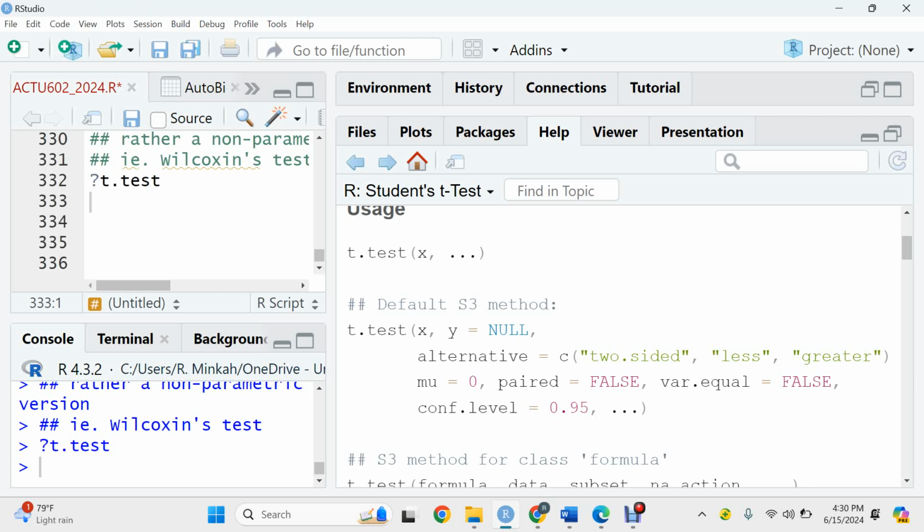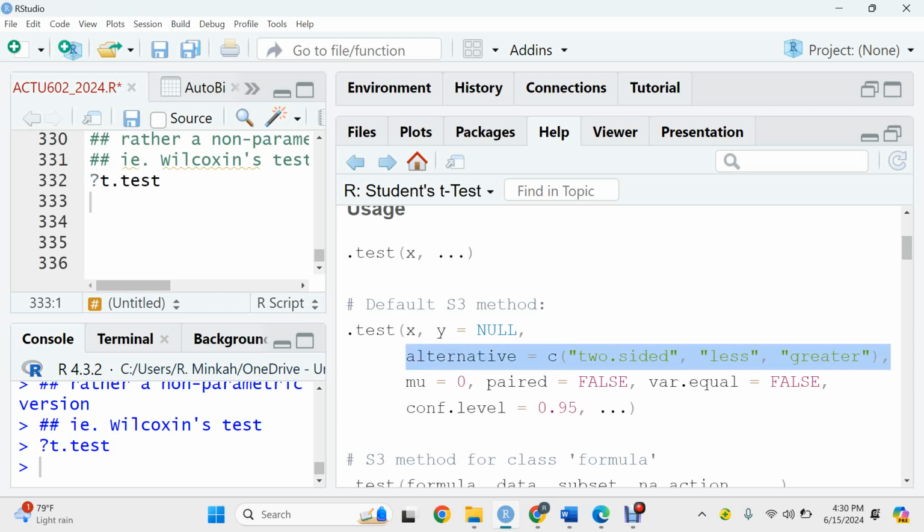Then the alternative. Remember, we have greater than, then I can get one like this. The alternative, you can have three of them. The first one will be not equal to 0. And then we can have mu1 minus mu2 greater than 0, or mu1 minus mu2 less than 0.